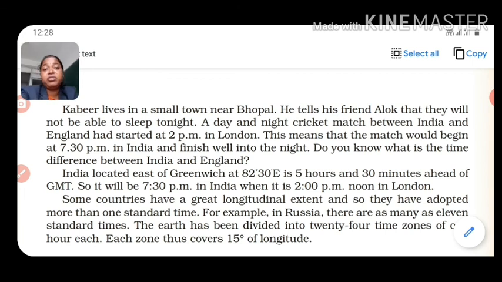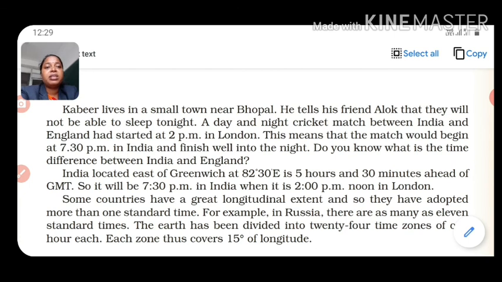Since India is east of the Greenwich Mean Time Zone, London is behind India, due to which this many hours of difference arise. So it will be 7:30 PM in India when it is 2 PM noon in London.